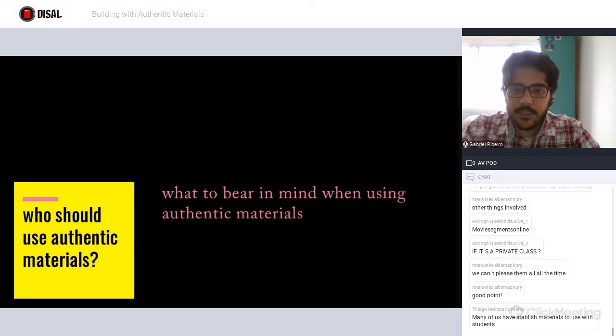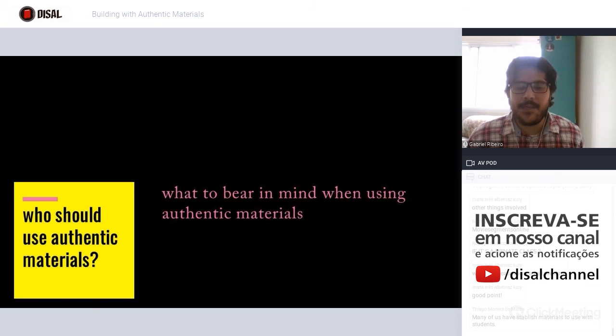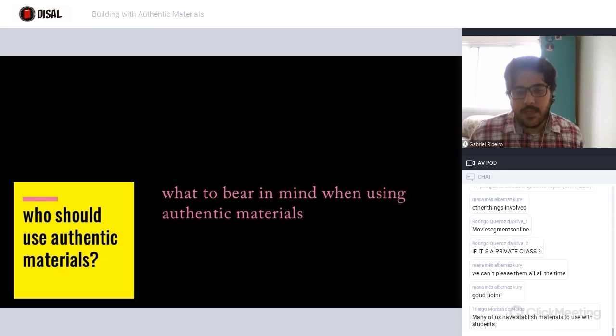When we're using authentic materials, we need to consider who we're going to use them with. I don't know if this is part assumption, part anecdotal evidence, so it's not exactly scientific, but in my experience, we tend to use authentic materials more and more comfortably with advanced students.